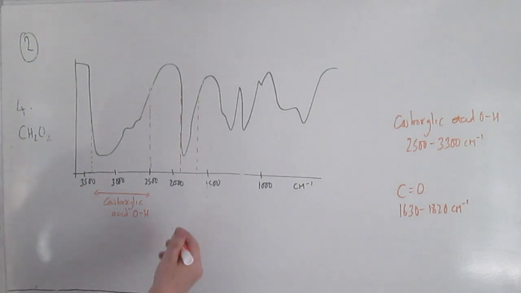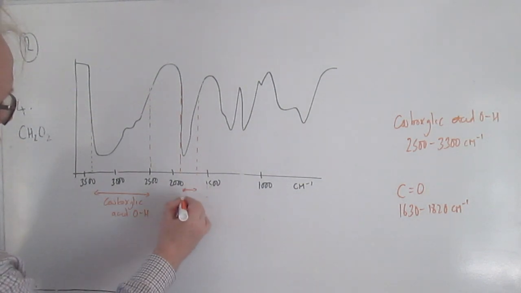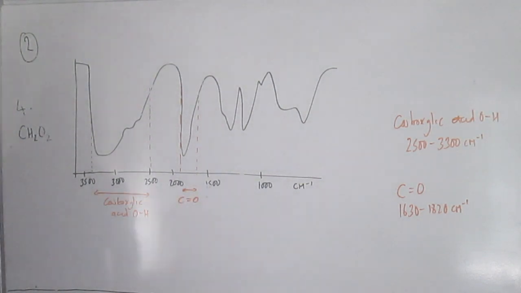So you get something like that and you say, yeah, that's C double bond O, because it fits that range as well. So yes, that's convincingly a carboxylic acid, and because that's the formula, it has only one carbon, so again there's only one possibility, which is that that's methanoic acid. Okay, one carbon, so it's meth. So methanoic acid is what's giving you that spectrum.